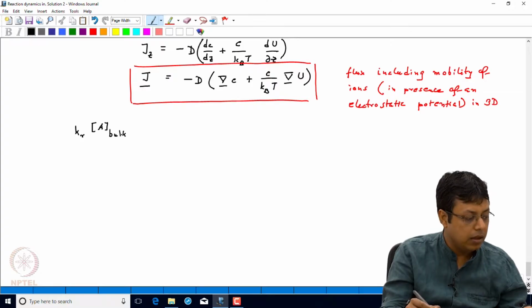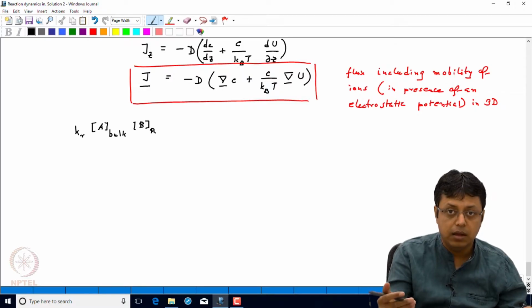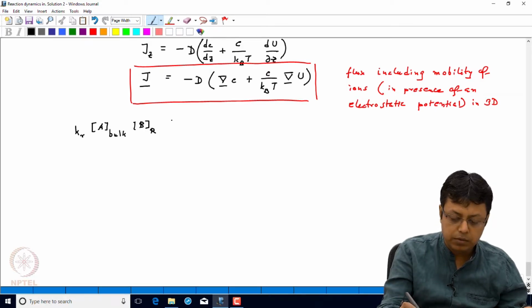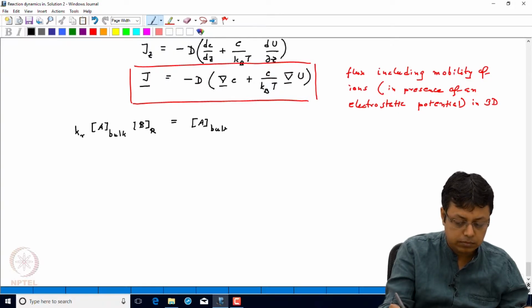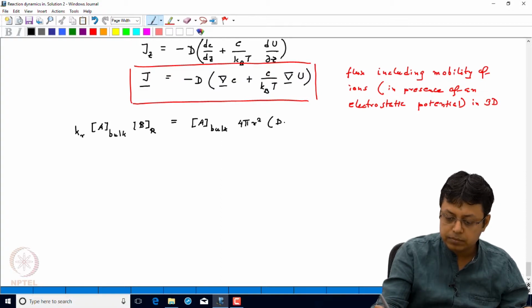concentration of A, and times the concentration of B at a position R, which is the position where the reaction is occurring, and which is equal to A bulk times 4 pi r square times dA plus dB.